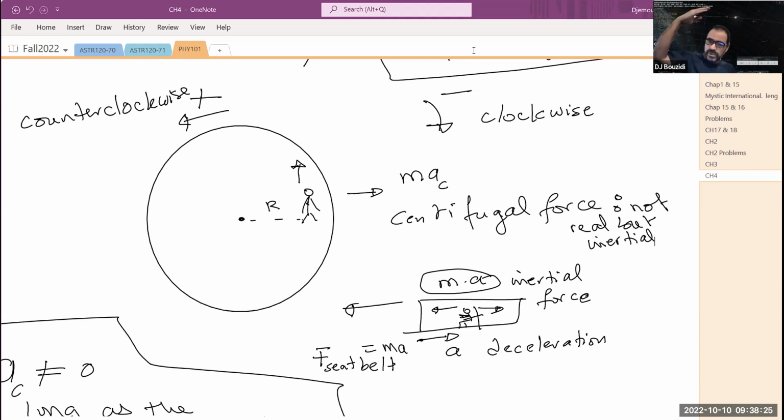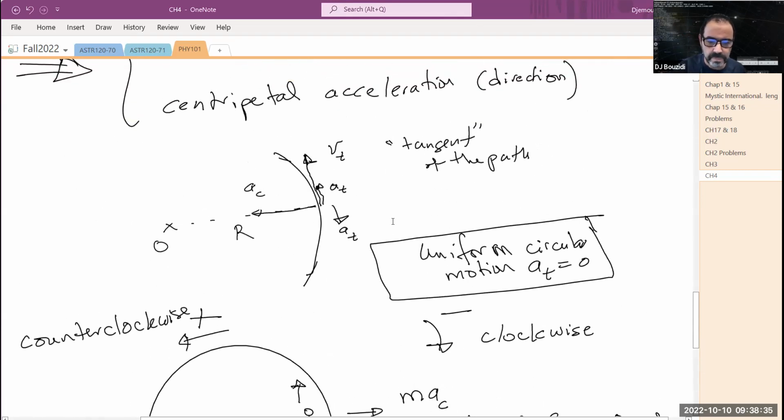So that thing there will hang not necessarily from window to window or from front to back. It's going to go on a curve, depending on which way. So it's going to be the resultant of these two forces. In general, if AT is not zero and AC is not zero, the acceleration, let me draw it with a different color, is going to be the sum of these two.